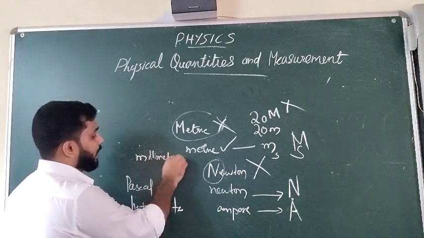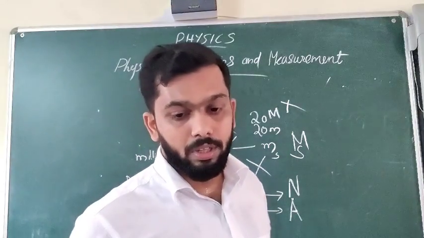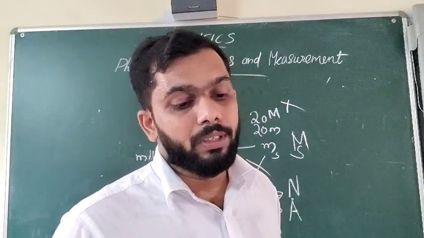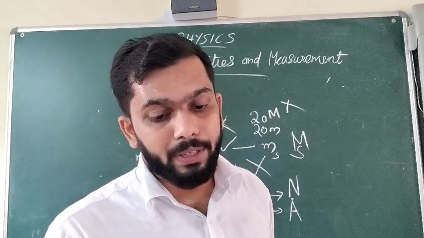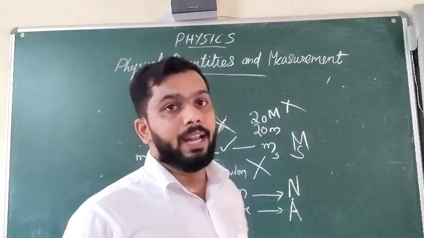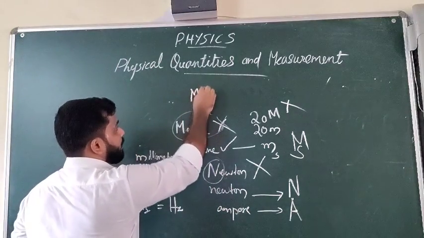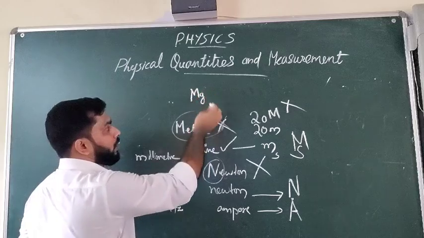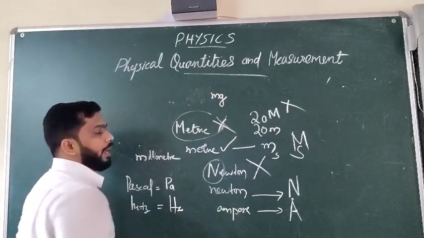You will continue writing millimeter even if it comes at the beginning of the sentence. Then next is prefix symbols. Milligram, you are not going to write as capital MG or capital M and small g. The symbol will be small letter mg.